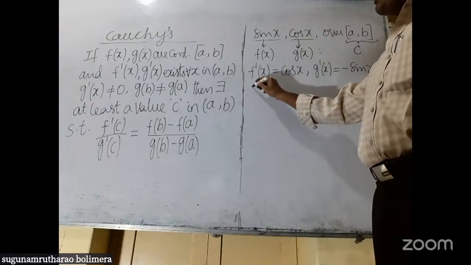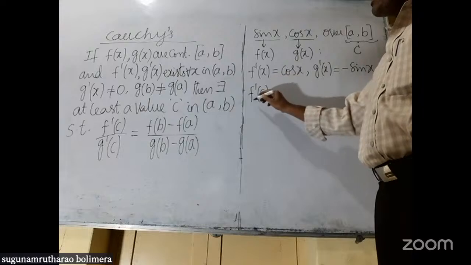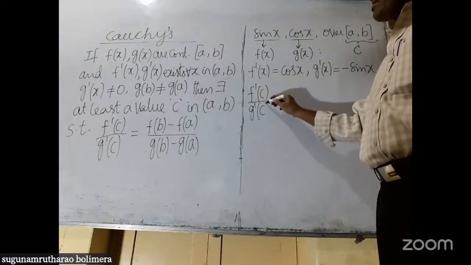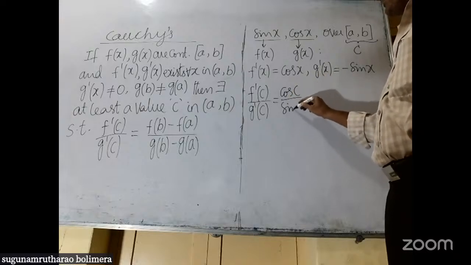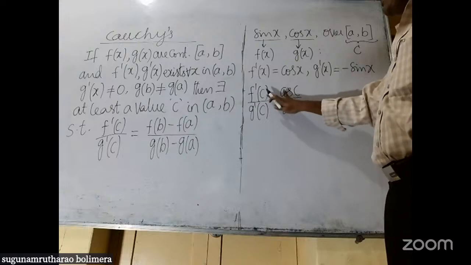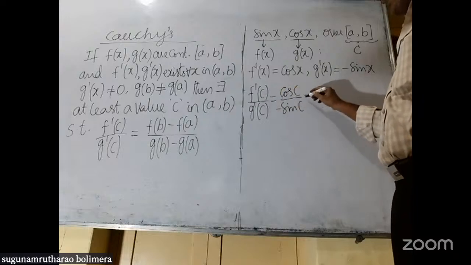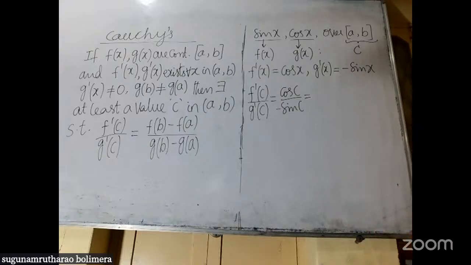Now f dash of c by g dash of c is equal to cos c by minus sin c, which is equal to f of b minus f of a, by g of b minus g of a, that is sin b minus sin a by cos b minus cos a.